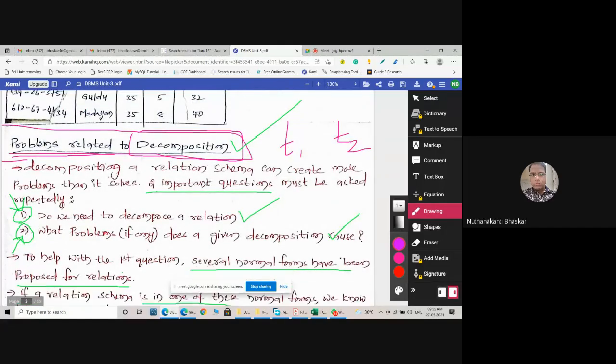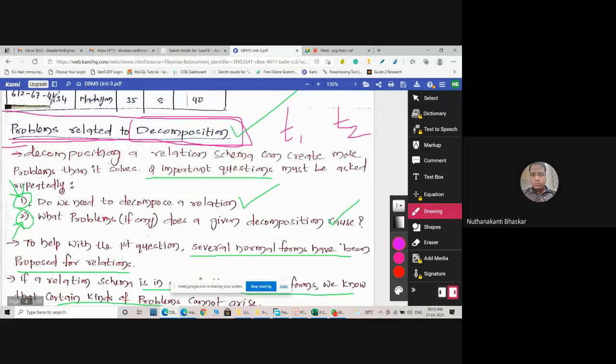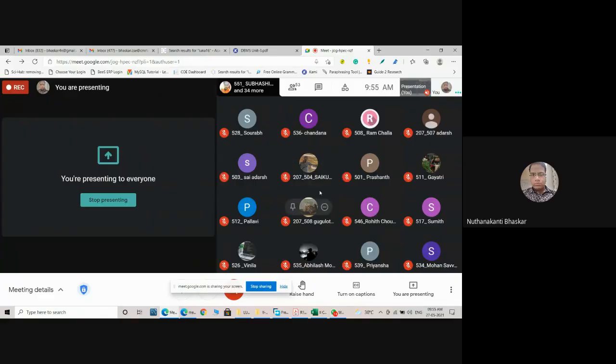The first question before decomposition is: do we need to decompose the relation? That means, is it compulsory to decompose? If you are going to decompose a relation, you need to find which normal form your relation is suitable for.